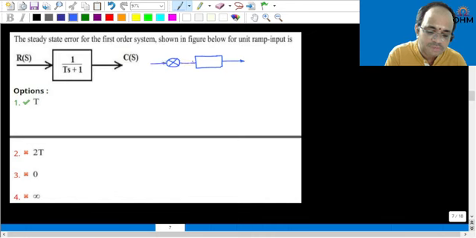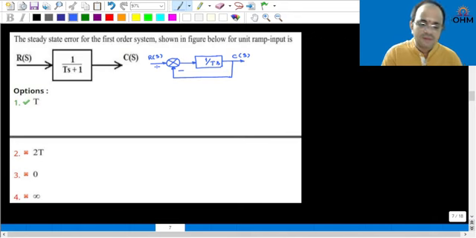This is R of S and this is C of S. Therefore, G of S will be 1 by Ts, and if you find C of S by R of S, then you will get 1 by Ts plus 1.